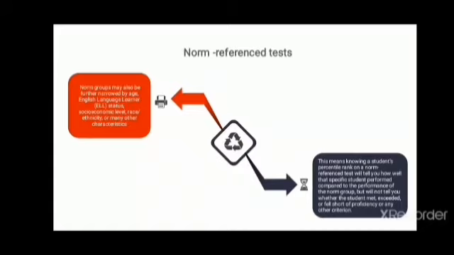So it means knowing the student's percentile rank on a norm reference test will tell you how the specific student performs compared to the performance of the norm group, but will not tell you whether the student met, exceeded, or fell short of proficiency or any other criterion.